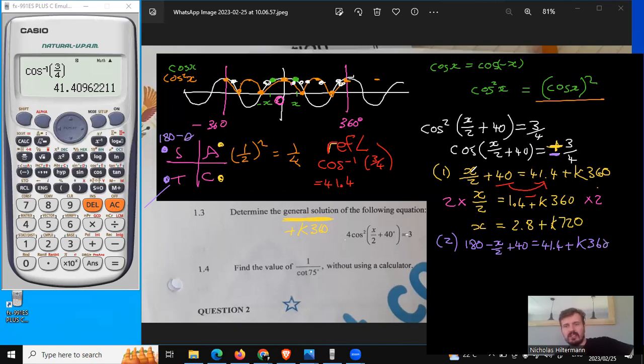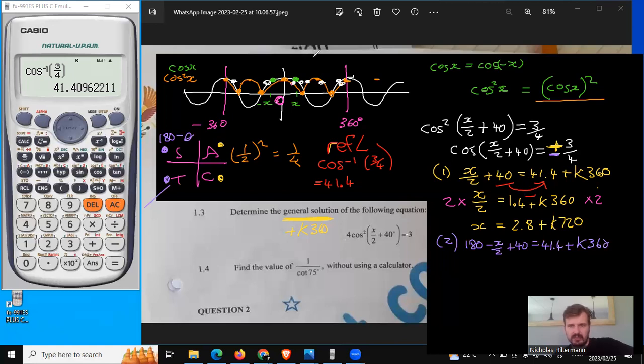Once I've done the first one, it's slightly easier. The only difference is that instead of x over 2 plus 40, it's 180 minus that x over 2 plus 40. So this here.